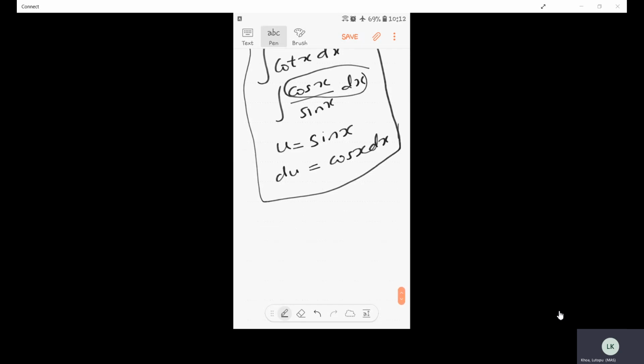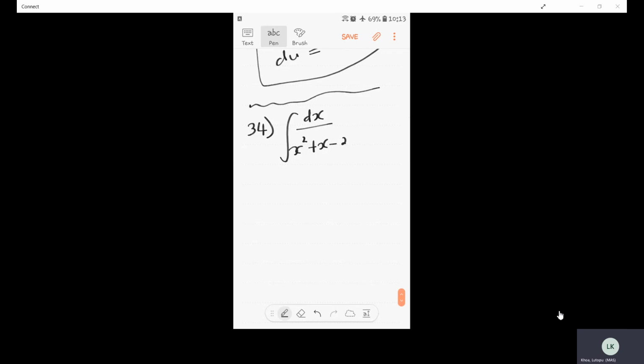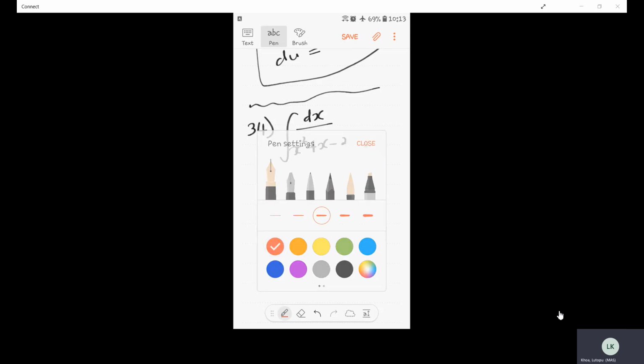Then look at number 34. This is the integral of dx over x squared plus x minus 2. Now with this one, if I were to let u equal to my denominator, when I differentiate that, we can just try it and see.